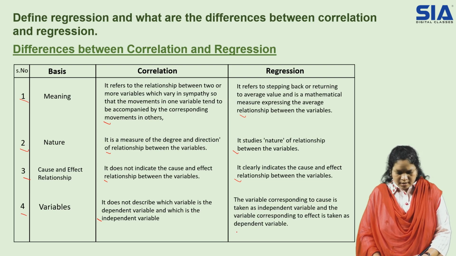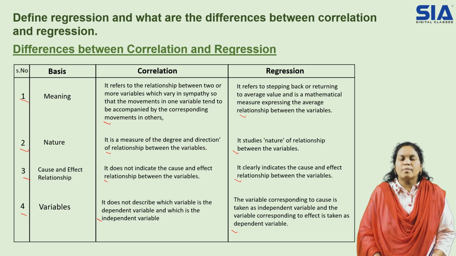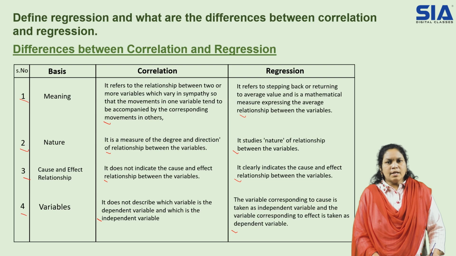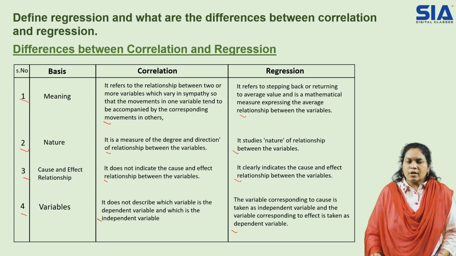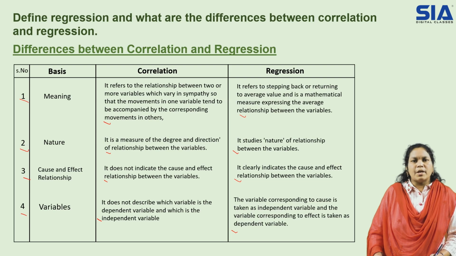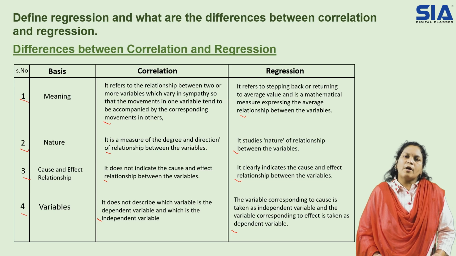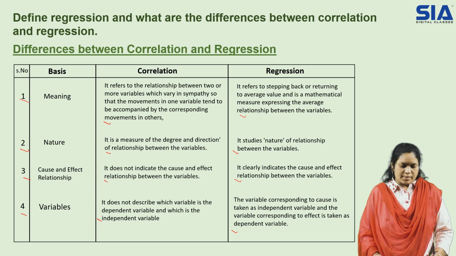So in regression analysis, definitely we'll come to know which is the independent variable and which is the dependent variable. That you can learn clearly from the definitions of independent and dependent variables, how the variables go on. So in regression analysis, definitely we'll come to know about the dependent and independent variables.